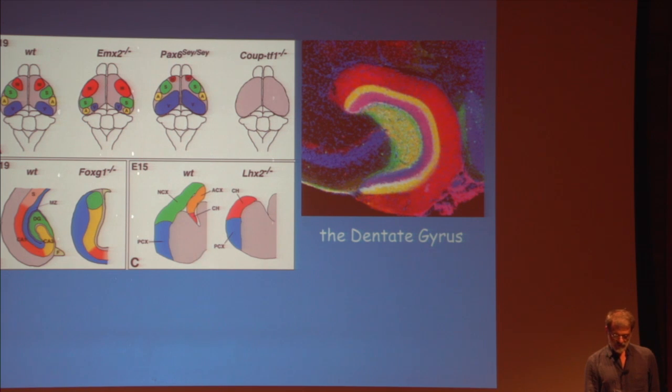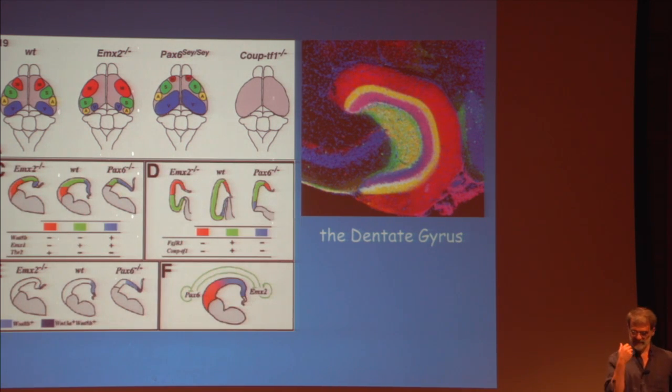And although there is not a single gene that is really responsible for the dentate gyrus, still by producing mutants for a few of these genes, it is possible to create mice without the dentate gyrus.